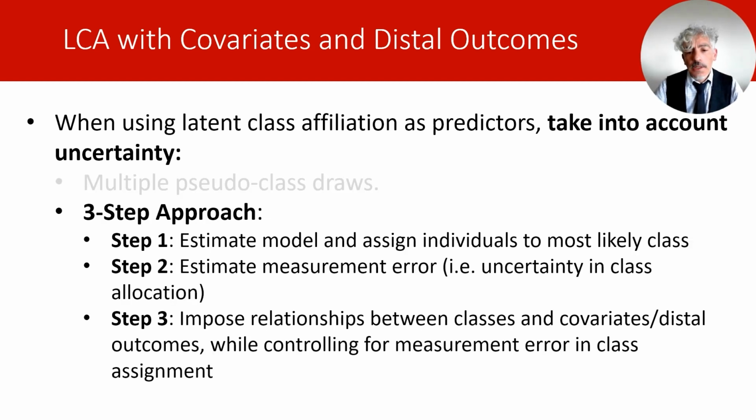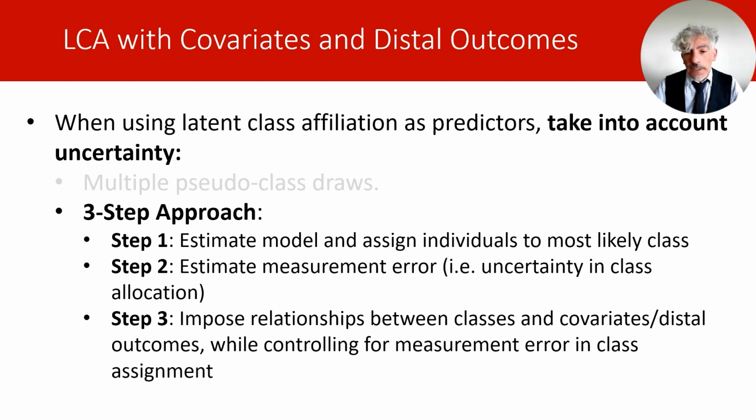But another approach that has been recently developed is the so-called three-step approach. And this basically involves a step where we first estimate the measurement model of the latent class model, and we assign individuals to the most likely class.